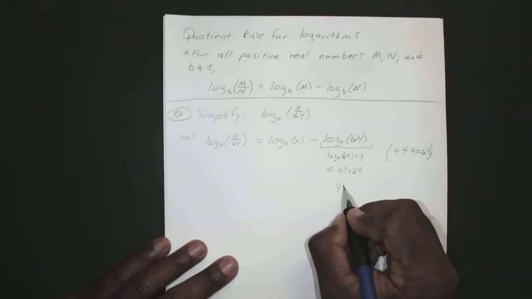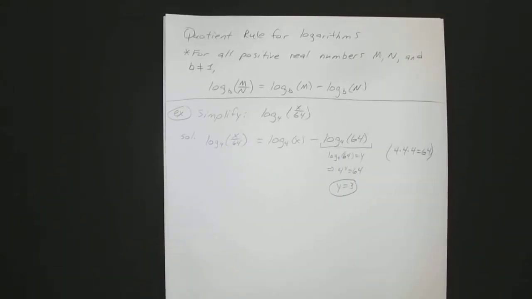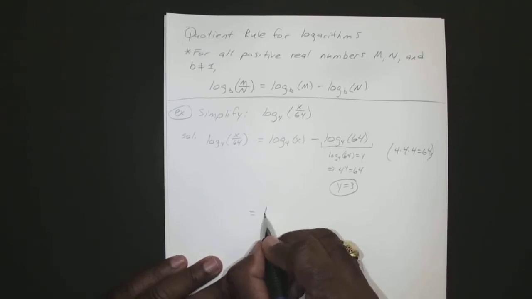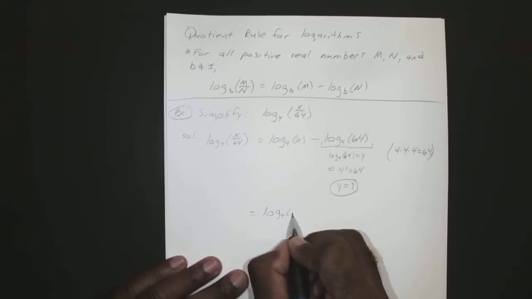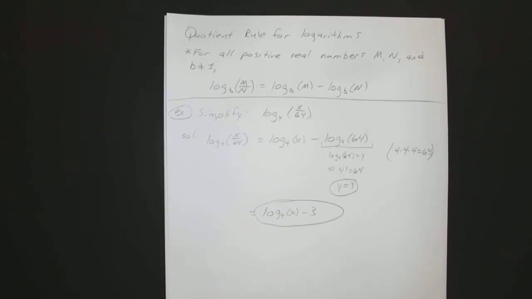That means that y would have to equal 3. So that entire term can be simplified to just 3. Okay. That's going to be log base 4 of x minus 3. All right. Any questions on that one? Okay.